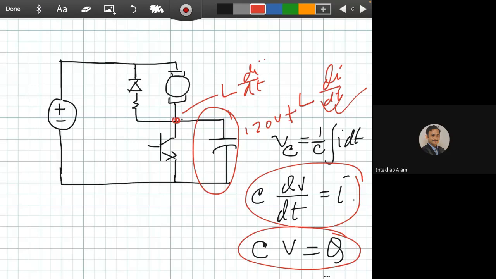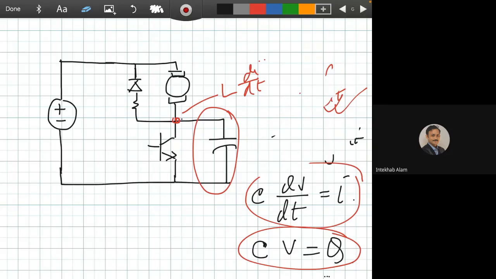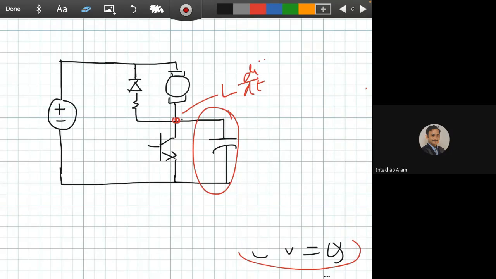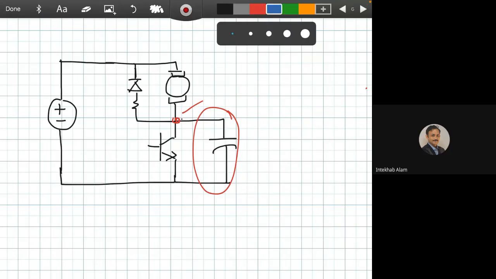So the capacitor will charge with this voltage. Next, I'm just stripping out those things. And when we switch on this BJT, the capacitor will discharge through this circuit.